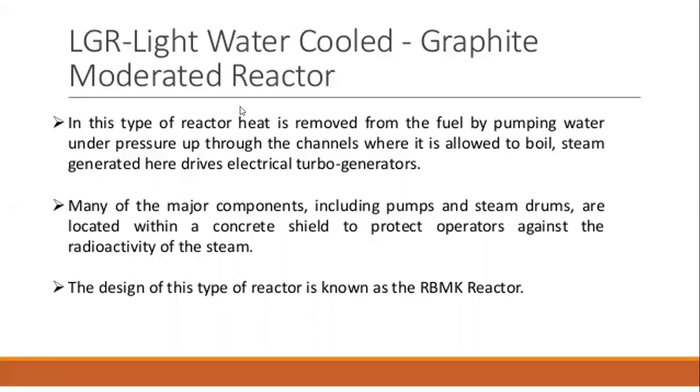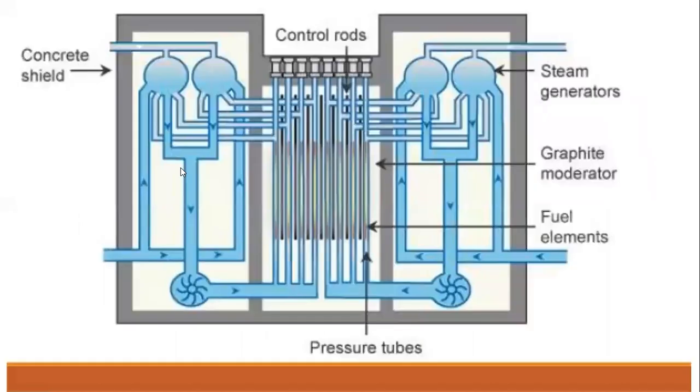Those are some of the major advantages in the case of light water cooled reactors. The design of this type of reactor is the boiling water reactor. This is another construction diagram for this type of reactor.